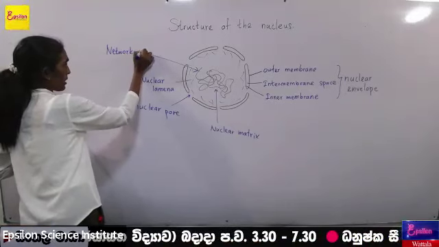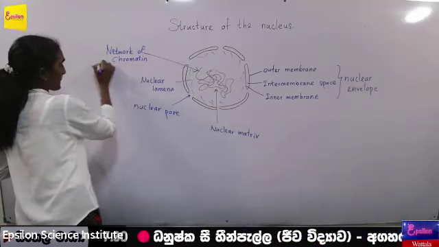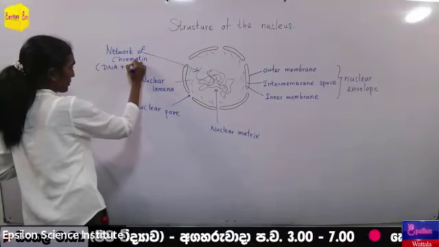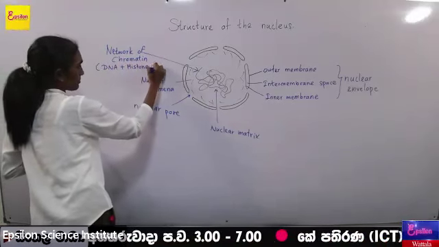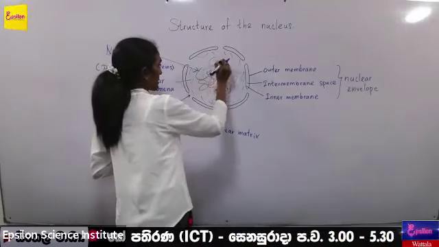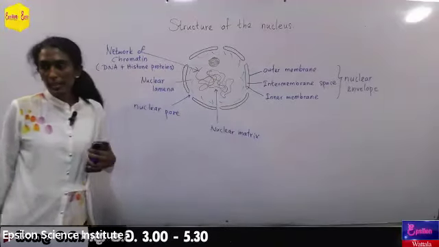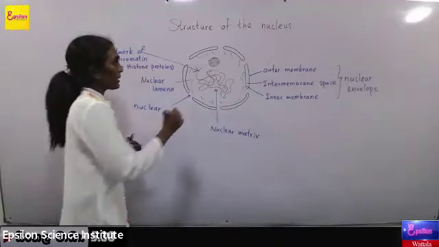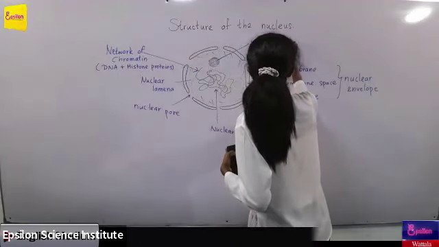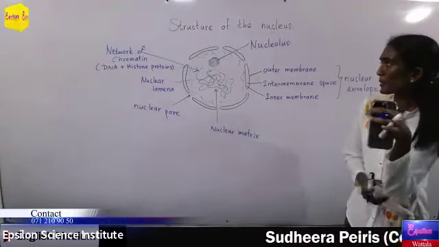This is DNA plus histone proteins. And here is the structure. What is this structure? Nucleolus. Right? A lot of new things you will be learning now. You have to study well. Harder. Shall we label? Draw and label nicely.